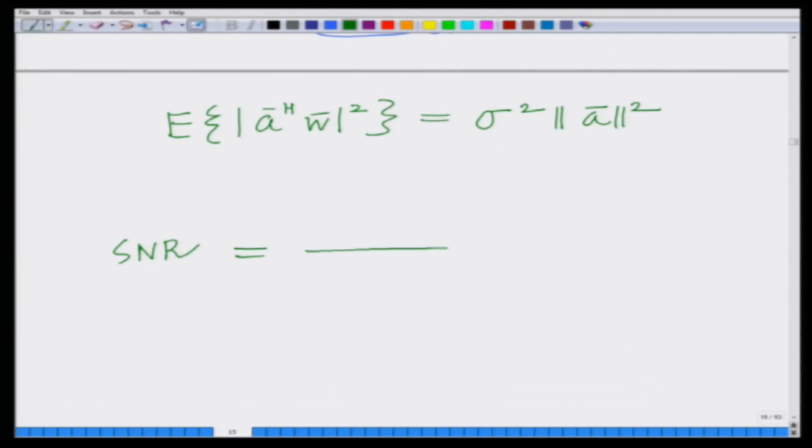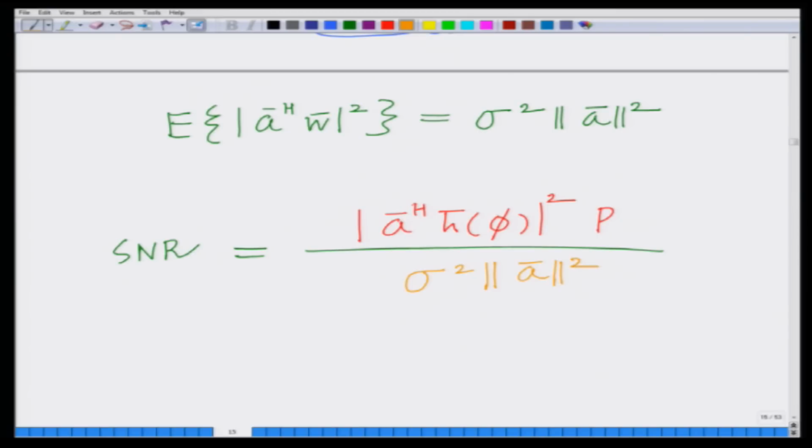Therefore, my SNR becomes magnitude A bar Hermitian h bar phi, the array steering vector, square, times P, the transmitted signal power, divided by sigma square times the norm of A bar square.